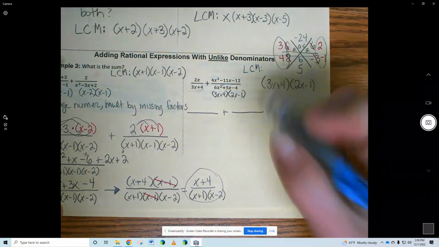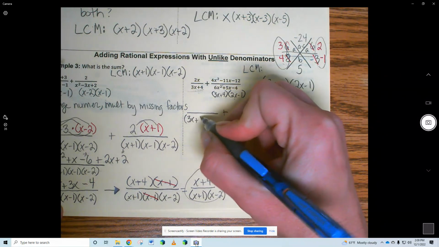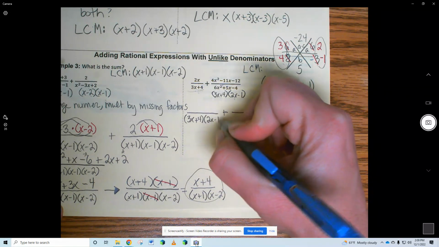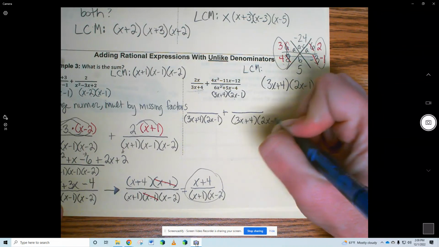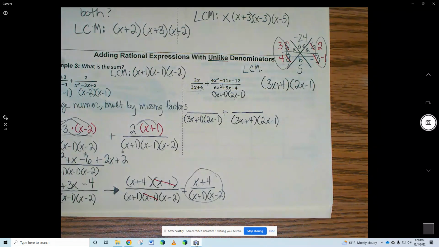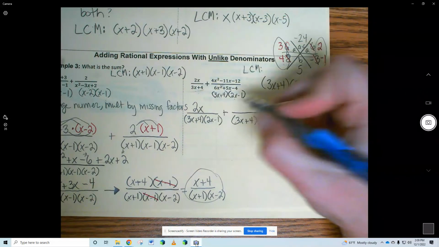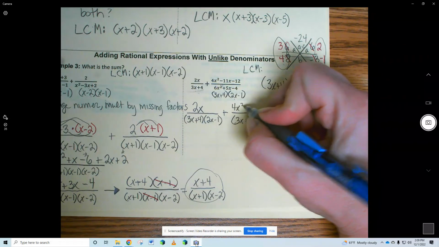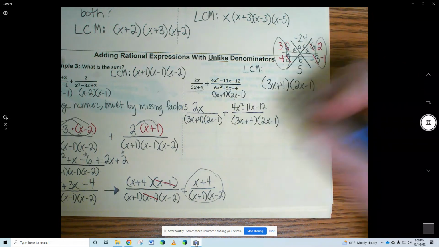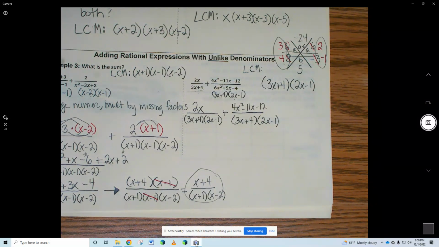I rewrite, making a new fraction with my new common denominator. 3x plus 4, 2x minus 1. All right, this had a 2x, and this had 4x squared minus 11x minus 12. Okay. So I rewrote my fractions with the new denominator.